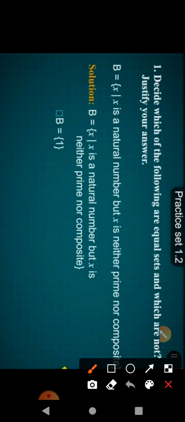Now you all know the natural number that is neither prime nor composite is only 1. So we write B equals {1}.